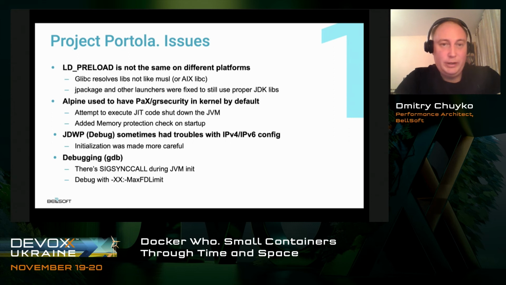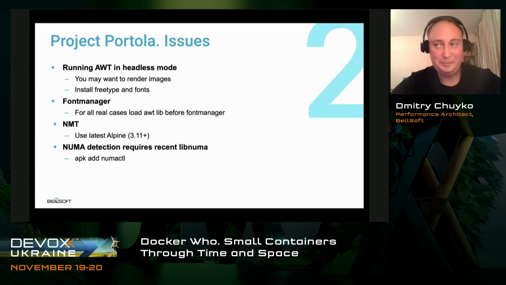It's not the case anymore, but we have to support the case when we run an Alpine environment, and it is old enough to have that issue. So we have to report that carefully. The JVM won't work, it will close itself, but it's better than being closed by the operating system silently. There were some network configuration issues, and also debugging of the JVM itself is slightly different in musl environment. If you're a JDK developer, be aware of it.